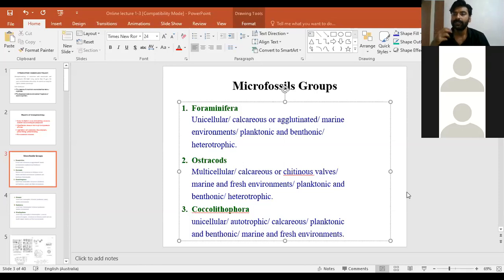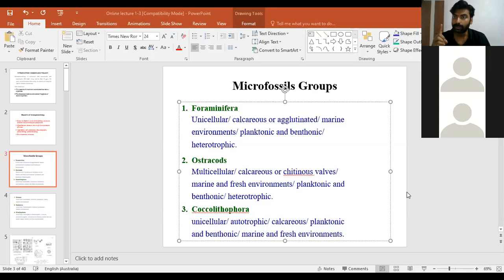Exactly, very good, who make their own food, like photosynthetic organism, those organism who are capable of making their own food, like plants. Okay, so they are called autotrophs. Now those organisms who cannot make their own food, they are called heterotrophs.